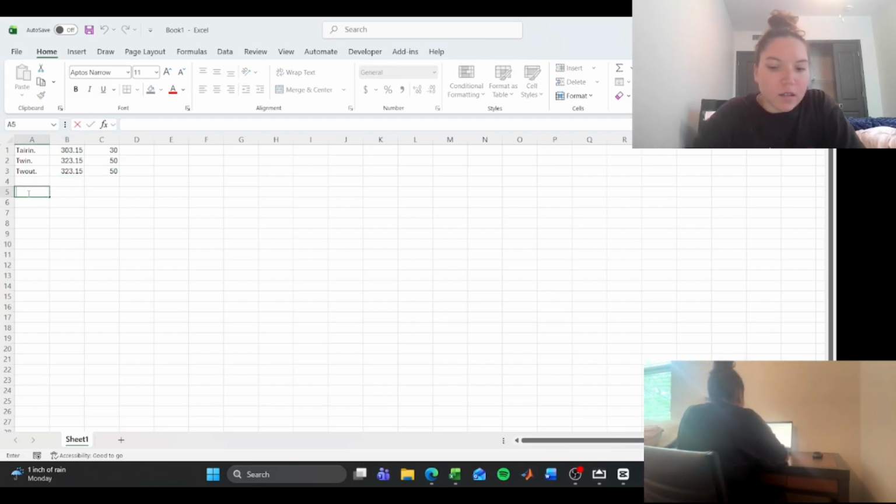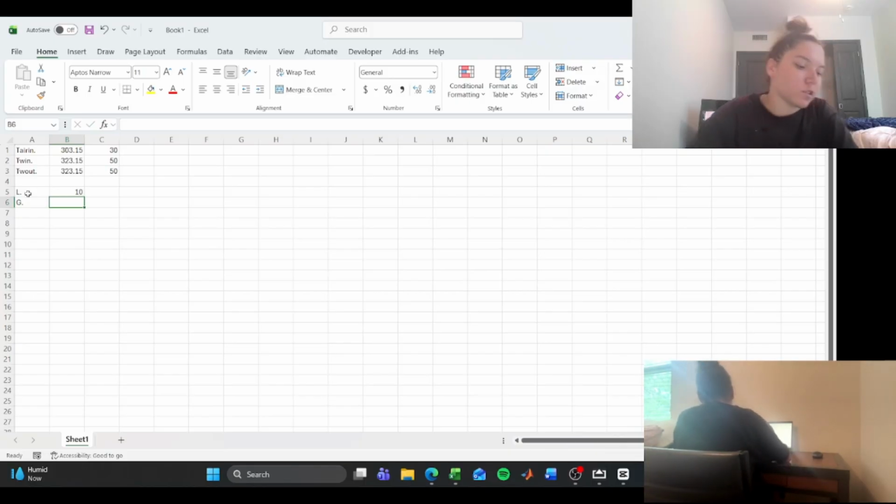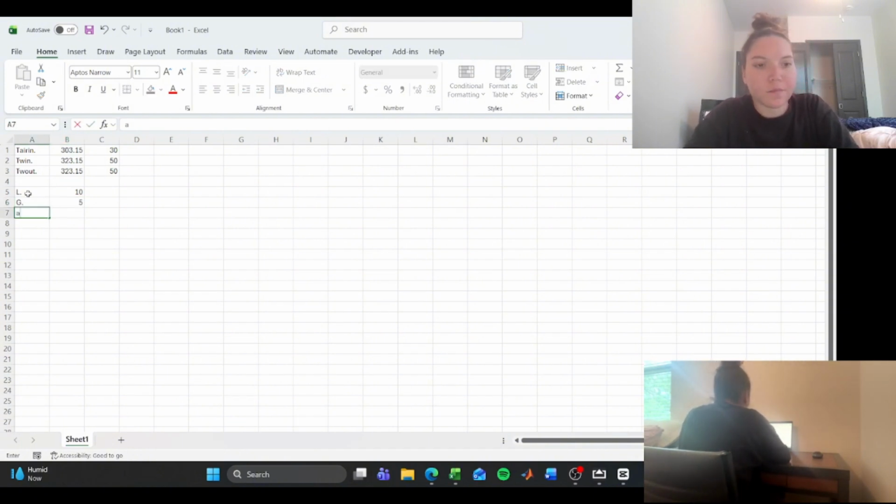And then we need that the liquid flow rate is going to be 10. We have the G, which was the volumetric flow rate of air. It's going to be 5. And then the packing is 100.